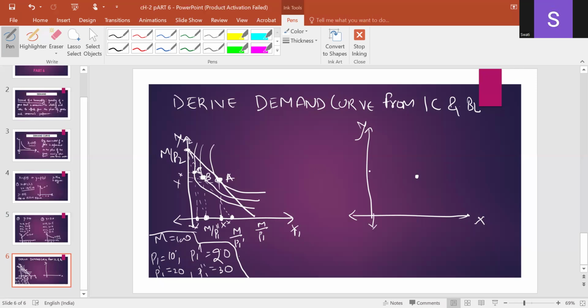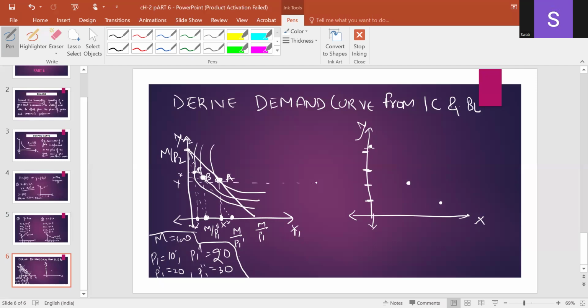Now, if I take this value of X over here, we are at the point where P1 is 10, and our quantity, let's say, is this. Now if we increase P1 to 20, the quantity has reduced.